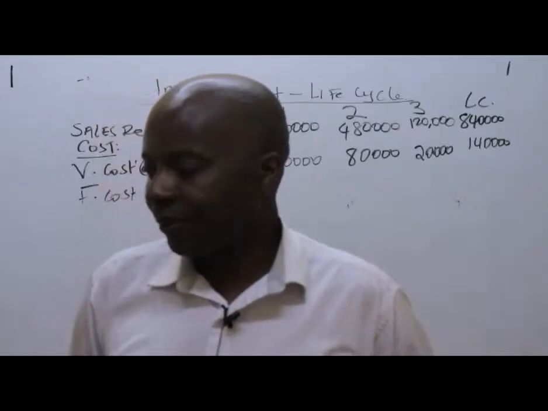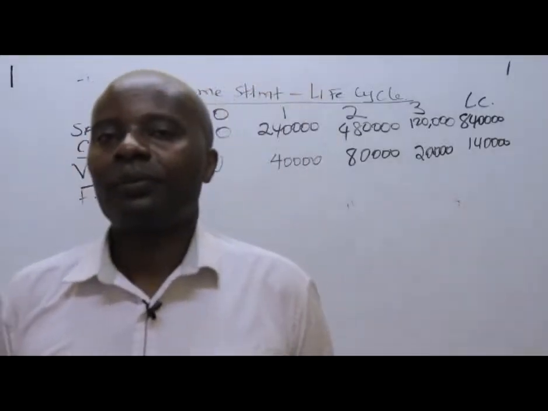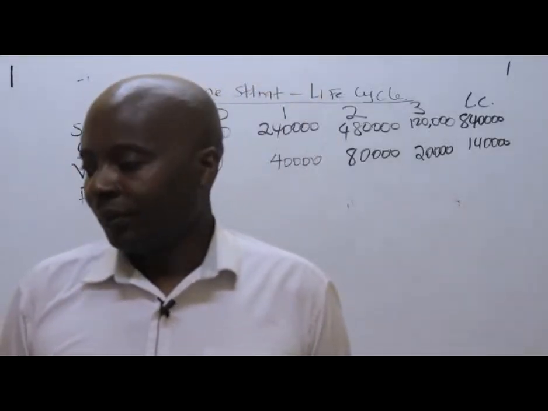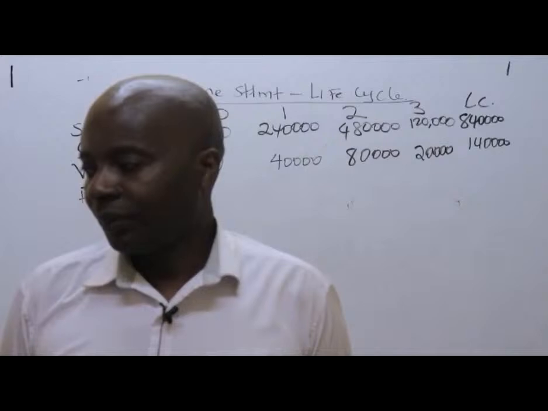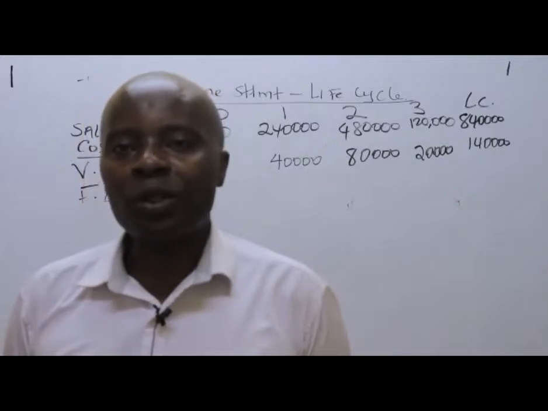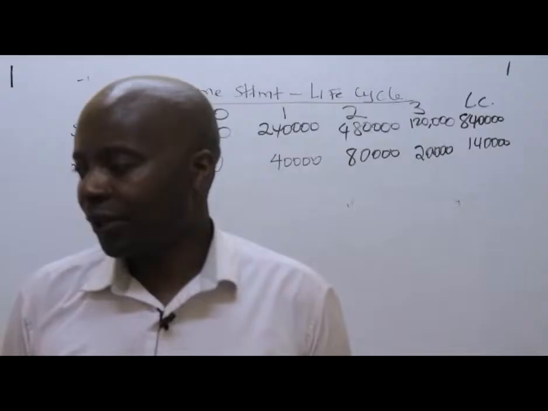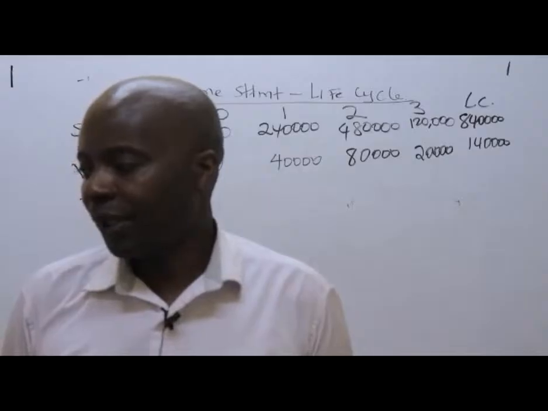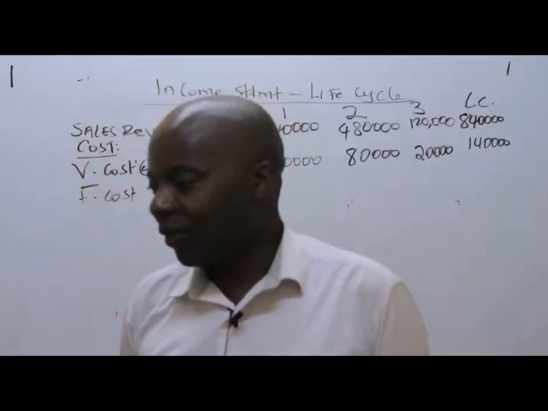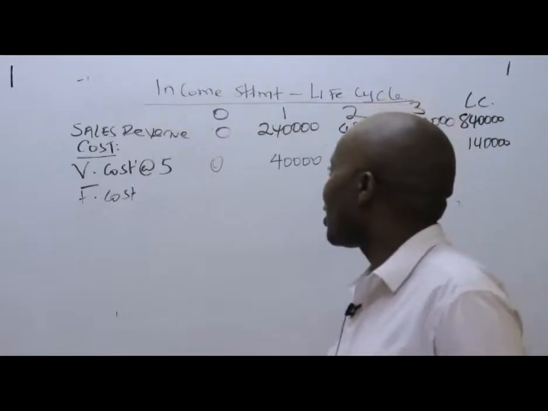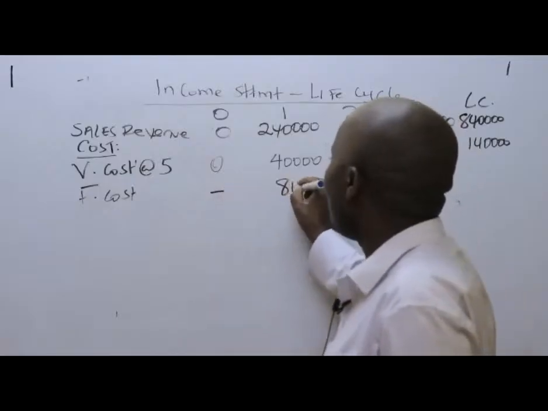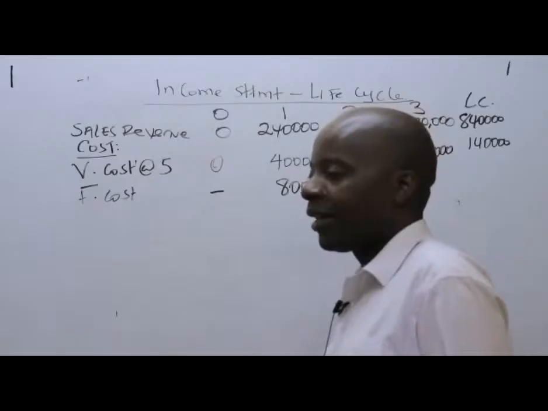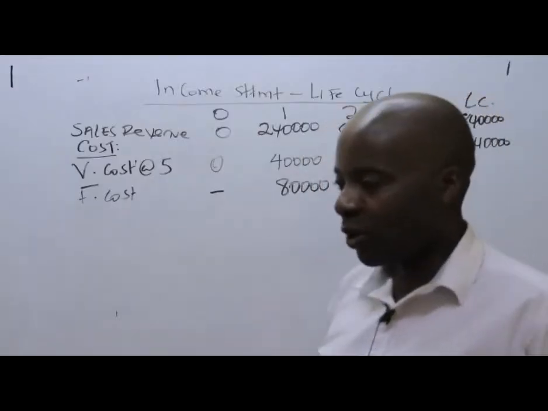Remember, we had used the high-low method to ascertain the fixed cost. Teresa gives me 80,000 for year 1. How about year 2?